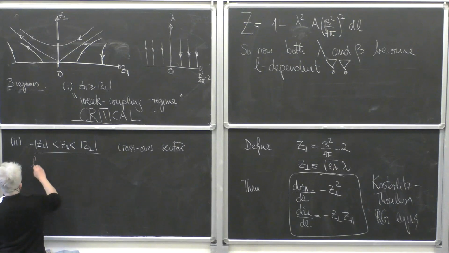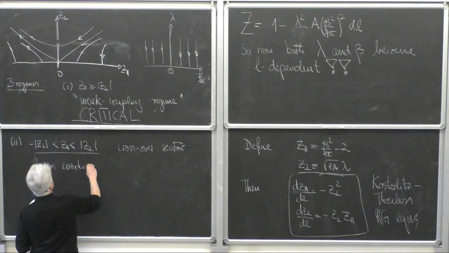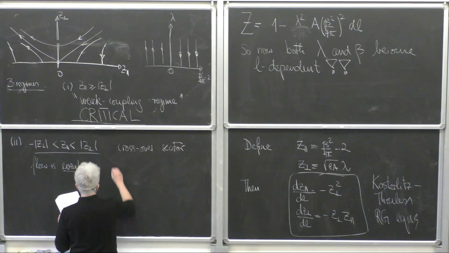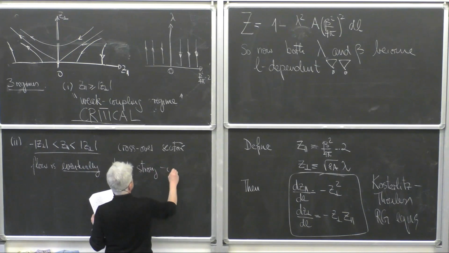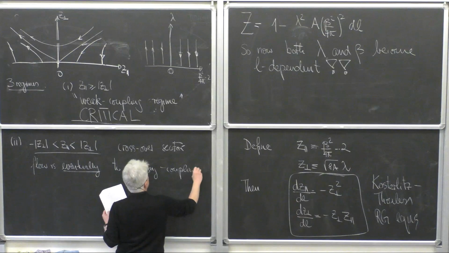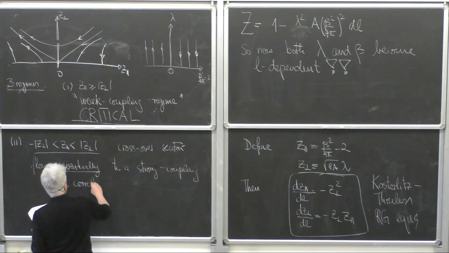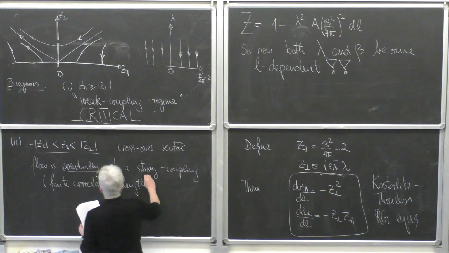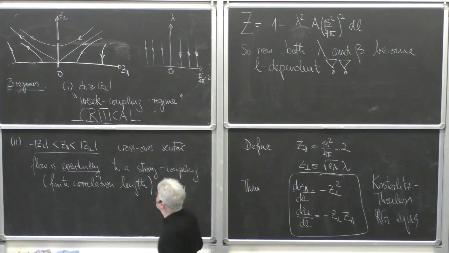So here the flow is eventually to a strong coupling, finite correlation length regime. But so this RG flow can take a long time.